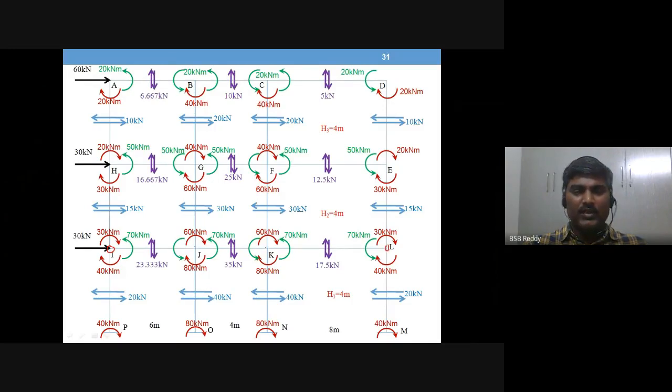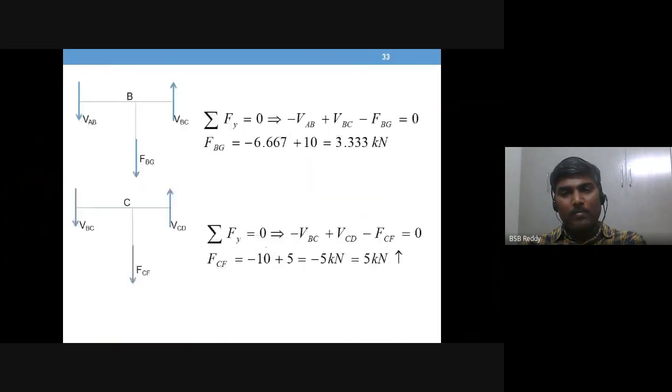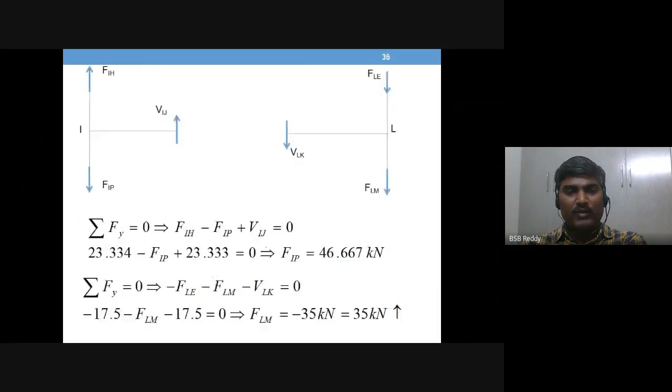J, K. So with that, your step 5 will become completed. I'm not going through I and L because it is a very similar procedure. You have to work it out on your own. Just practice this one.